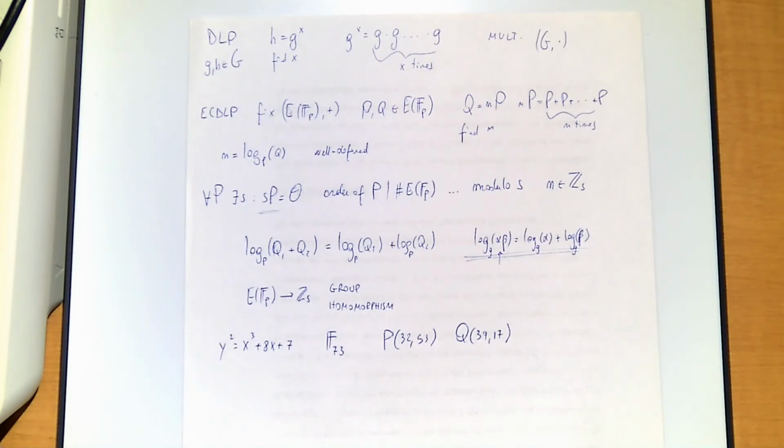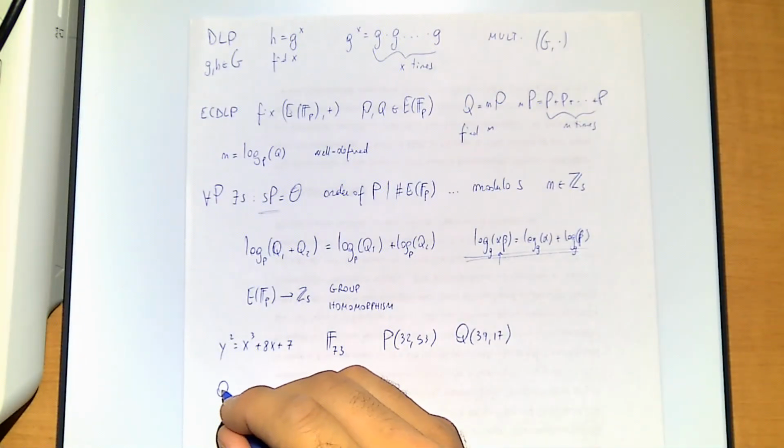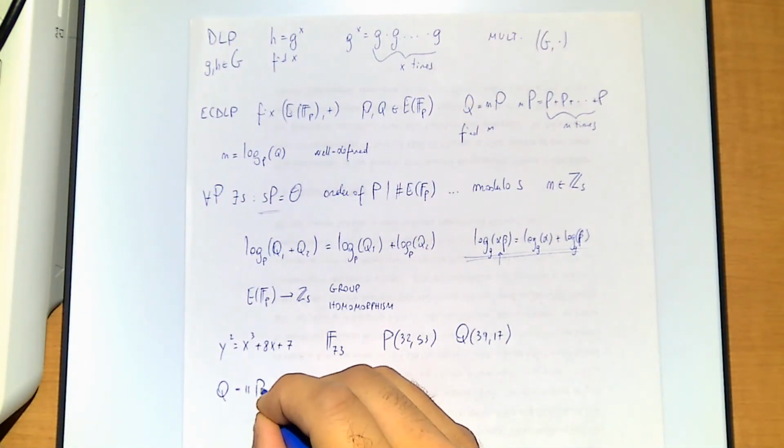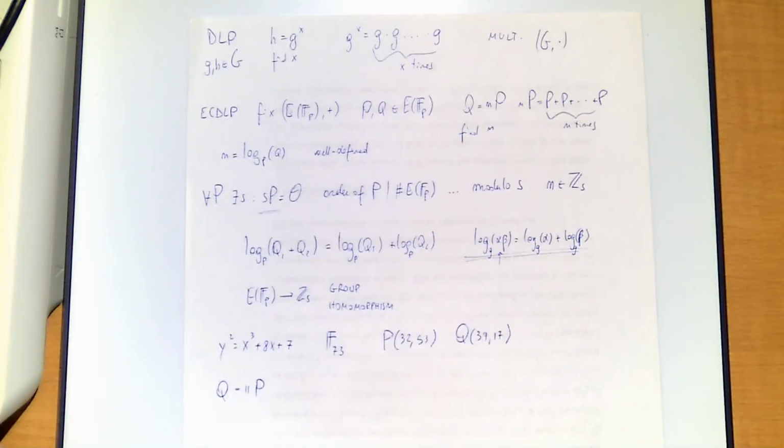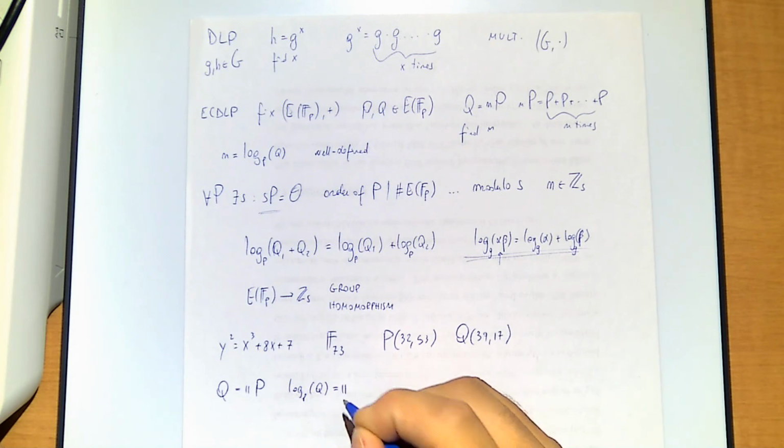Okay, and then what we can compute with the usual sum operation is you sum P to itself several times, and in the end you'll find that Q is 11 times P. Okay, and therefore we set the logarithm base P of Q to be 11.